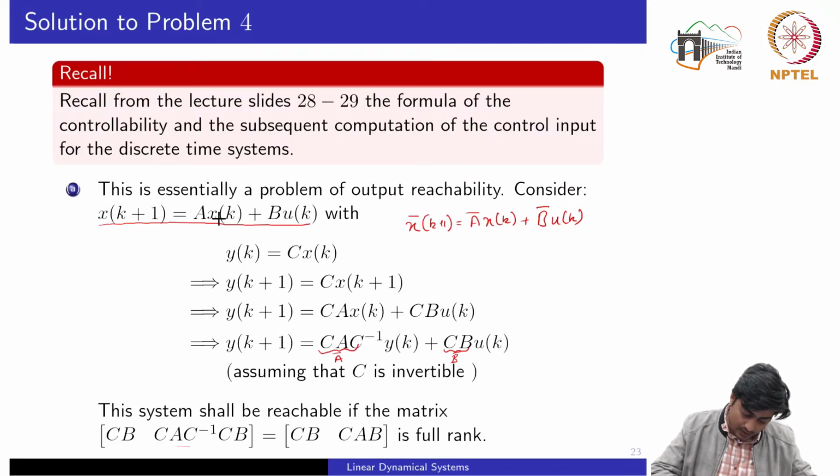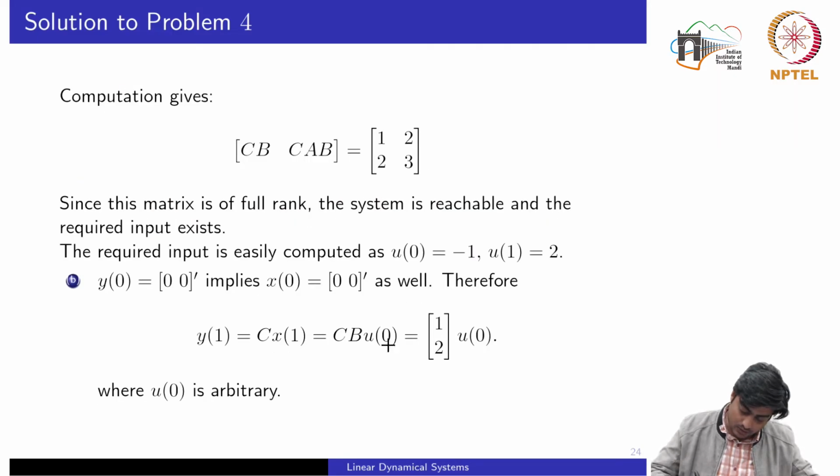With x0 equal to 0, u0 comes as it is, as a parameter. Simplifying C B, we would have 1, 2 times the parameter u0. For any u0, this is the y which we can reach from the origin in one time step. If we choose u0 equal to 1, then y1 would become 1 and 2 respectively.